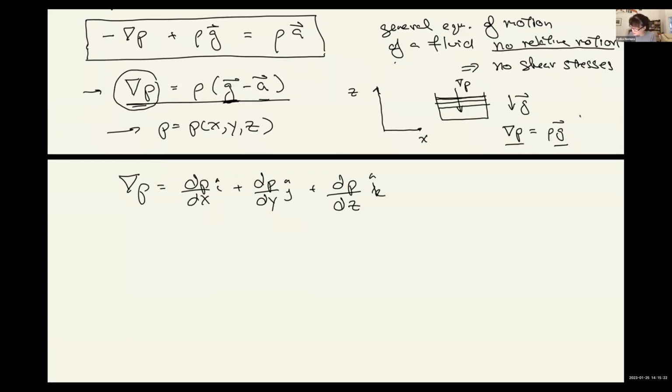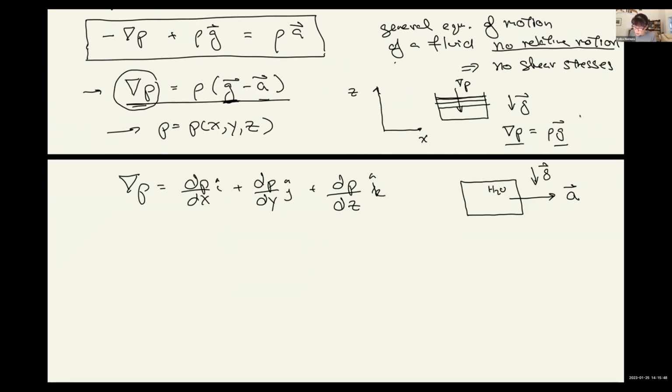But now if we introduce an acceleration, so let's say we have maybe a tank of fluid, H2O, and we introduce some acceleration. So let's say the acceleration is in the X direction. And then we still have gravity in the minus Z direction.